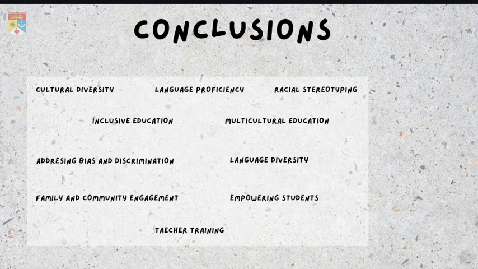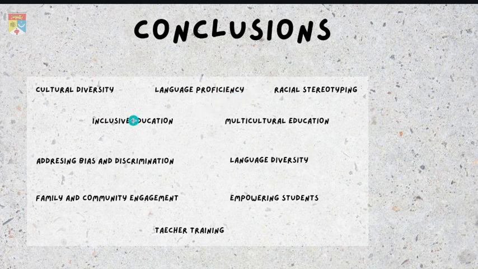Students from different racial backgrounds exhibit varying language proficiencies, with Malay serving as the primary language of instruction, while Semai and Indian students may have varying levels of proficiency in Malay and English. The third one is racial stereotyping. Racial stereotypes and prejudice persist within the school environment, leading to potential challenges for students, such as Semai students facing derogatory remarks or assumptions about their abilities, and Indian students facing stereotypes related to their cultural practices.